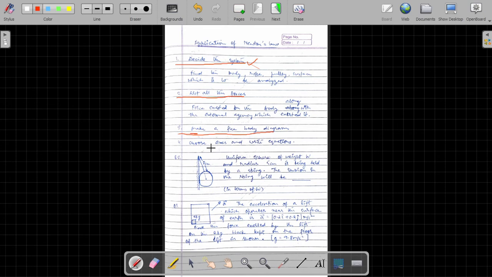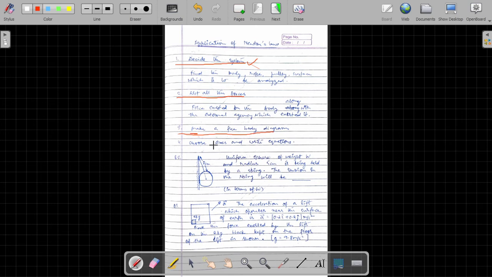We'll be separating the block from all the neighborhood objects, and after separating the block, we'll be drawing all the forces which are exerted by the said pulley, surface, or rope on the block in the new diagram.